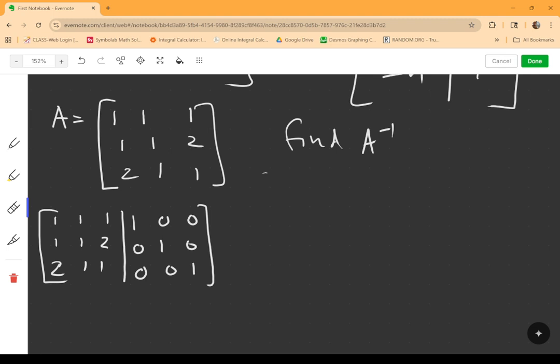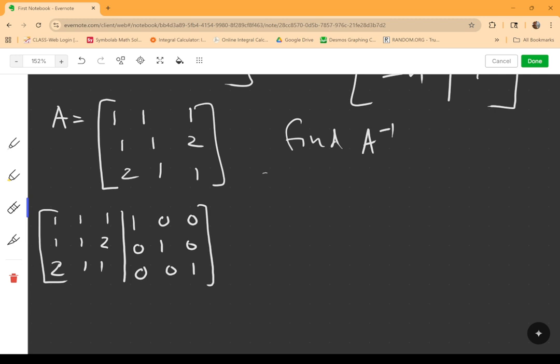Now we have this big 3 by 6 matrix, and I want to get the identity, or reduced row echelon form, on the 3 by 3 on the left.